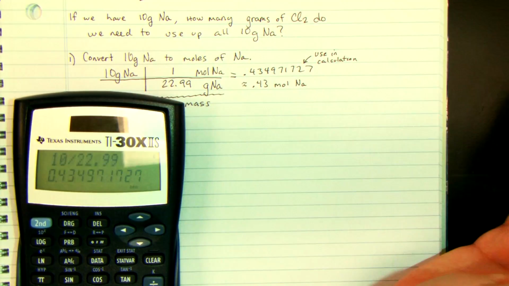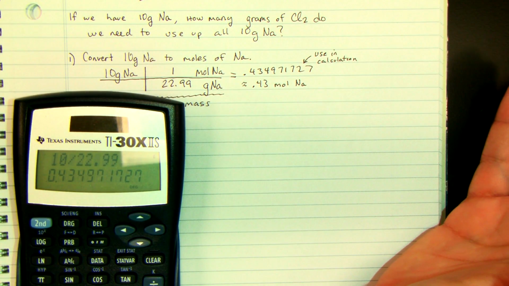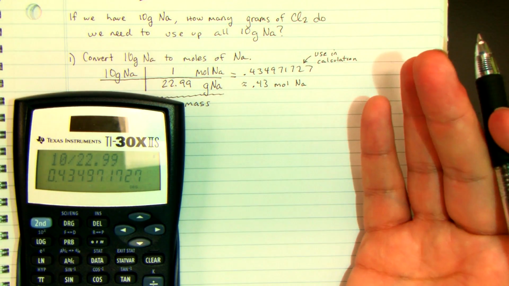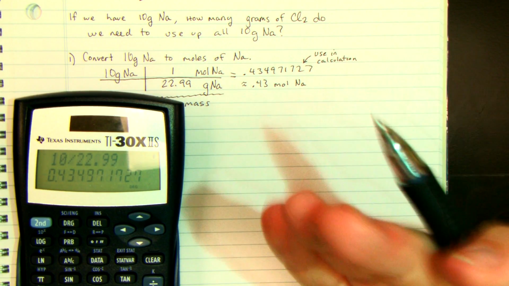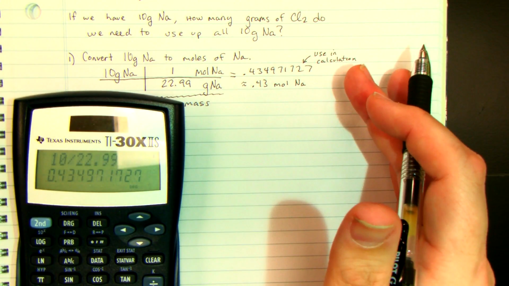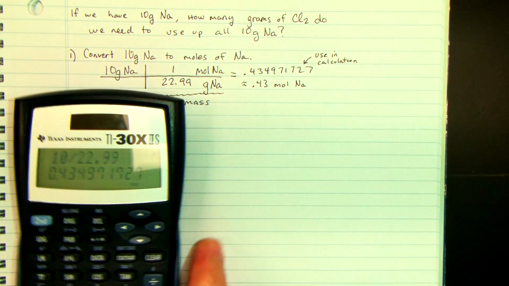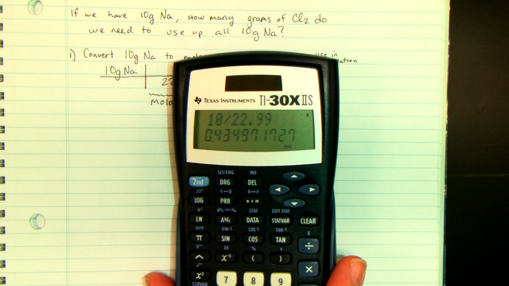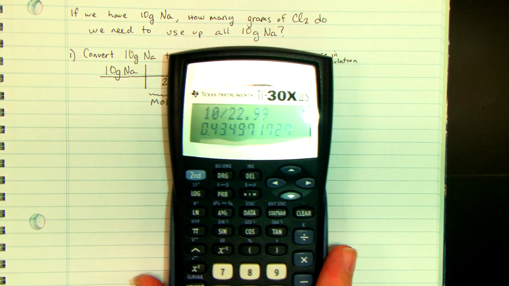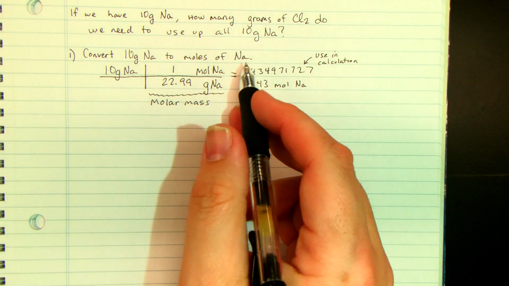Well, maybe not way off, but you'll be off as far as the amount of reactant that you need. And if you are dealing with chemicals and your reactants are way off, you could lead to some issues in the lab, some safety issues that you don't want to have to deal with. So I'm going to keep that number in there, and we could store it. I'm not going to store it because I'm just going to keep the number. But that's step one. Convert to moles of sodium.